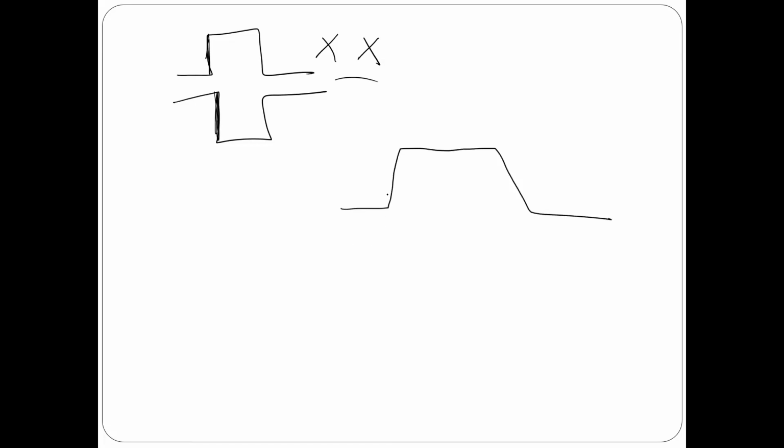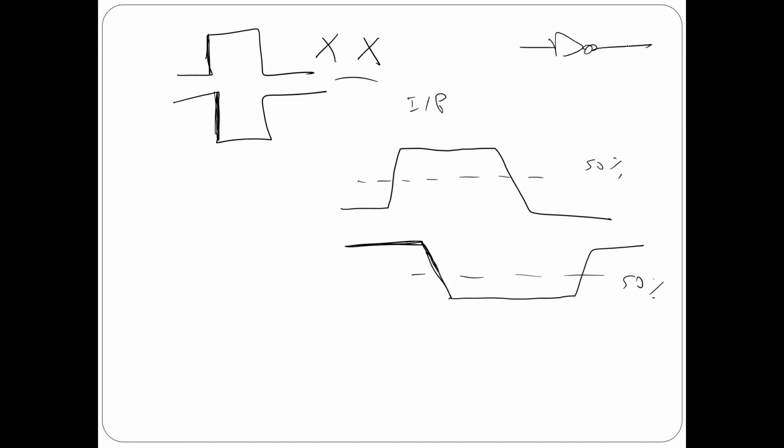Then the output is not going to respond right away. It's going to take some time, and then it is going to go low after some time, and also it's going to slow down a little bit here. The propagation time we measure from 50% here until 50% here. For example, this is the input of the inverter, and this is the output of the inverter.